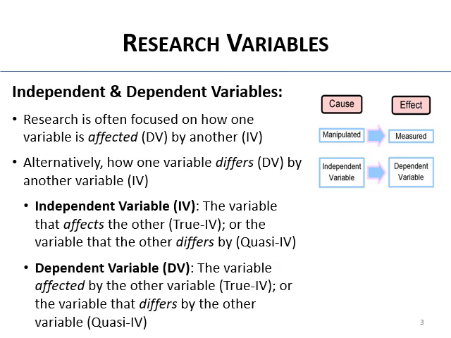The dependent variable, on the other hand, is the one that you think is affected by a true IV or that differs as a function of a quasi-IV. We always just measure the DV. Sometimes we manipulate the IV. Sometimes we're just measuring the IV.